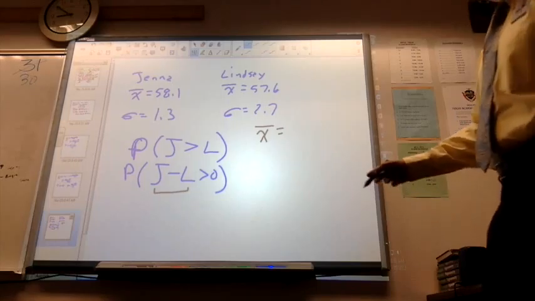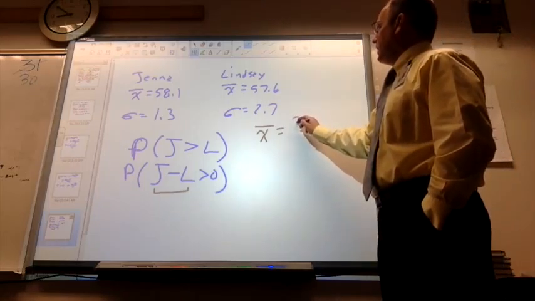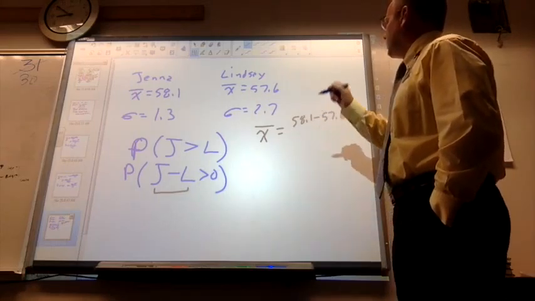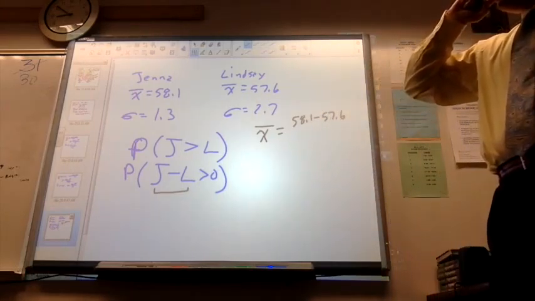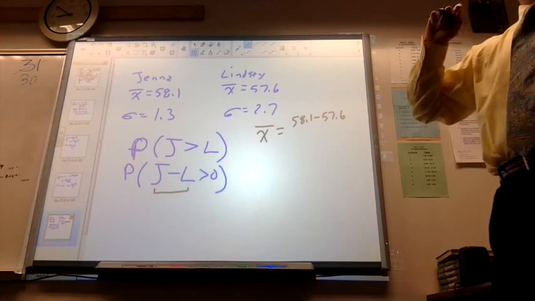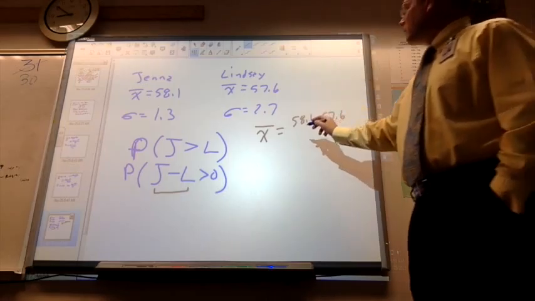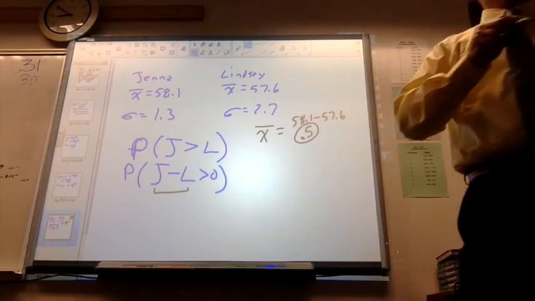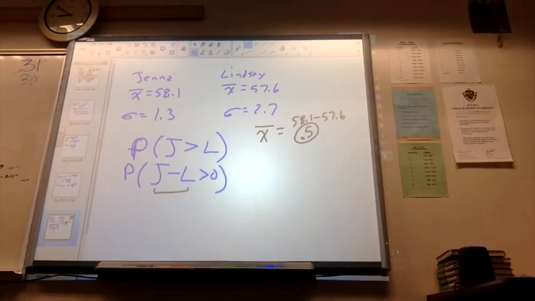Subtracting them. So I need to find my new mean. So I'm going to go 58.1 minus 57.6. What is that? 0.5? Is that right? Okay, so that's the mean we're going to use. That's our new mean for our z-score.